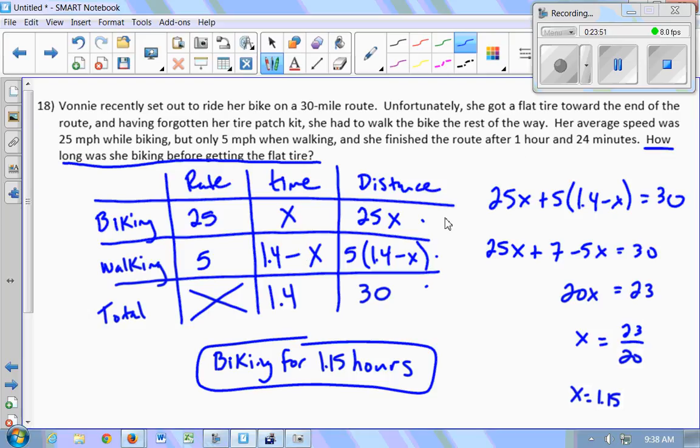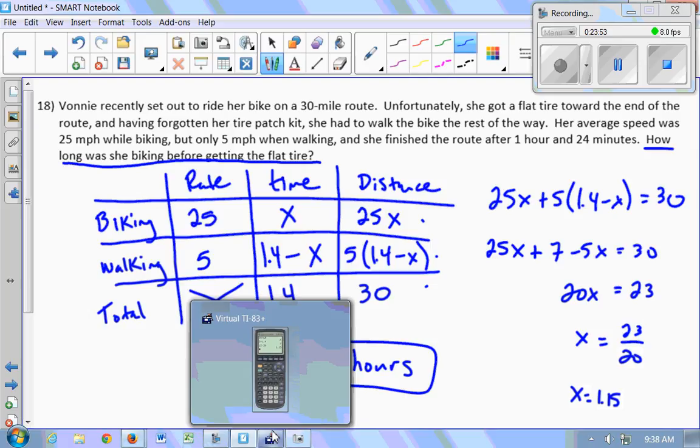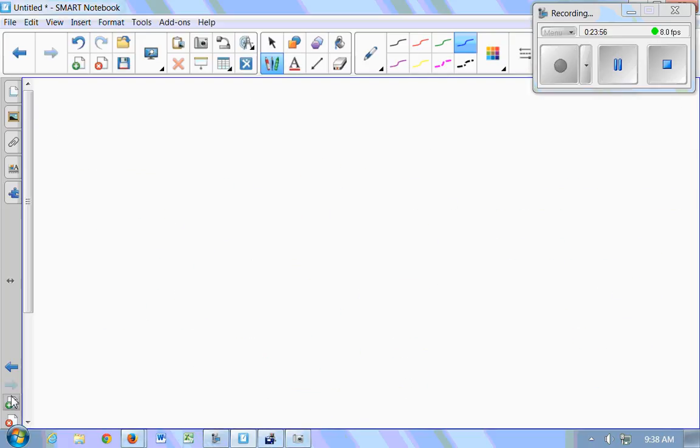Sure. Yeah, so the 1 hour, 24 minutes, right? I just want this to be in straight hours, instead of hours and minutes. So I would say, well, 24 minutes is how much of an hour? So I could set up a proportion like part to whole equals part to whole.